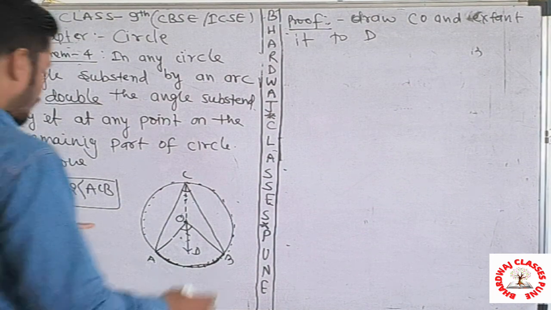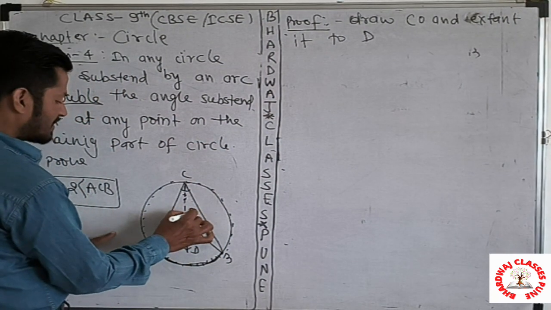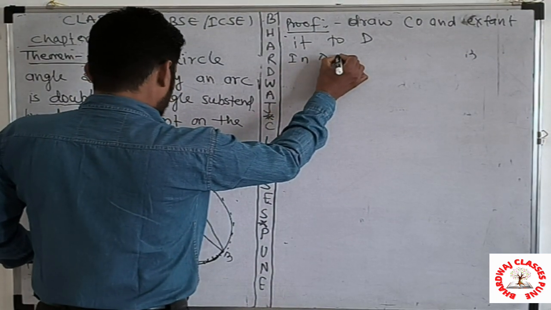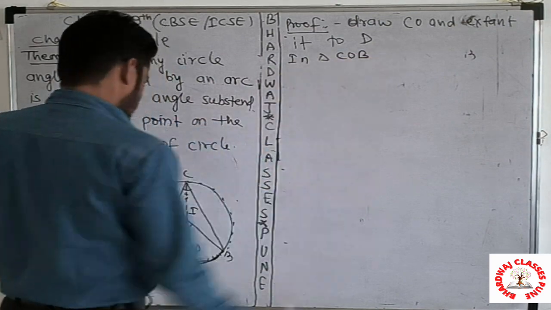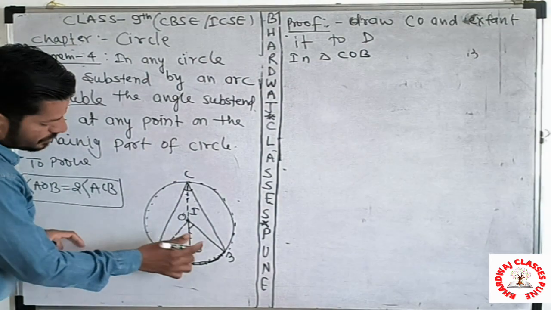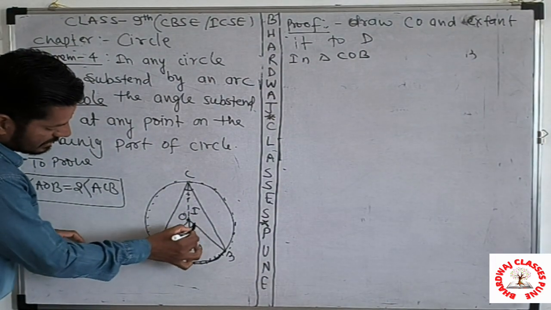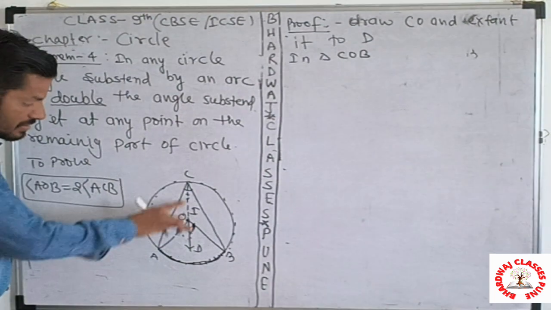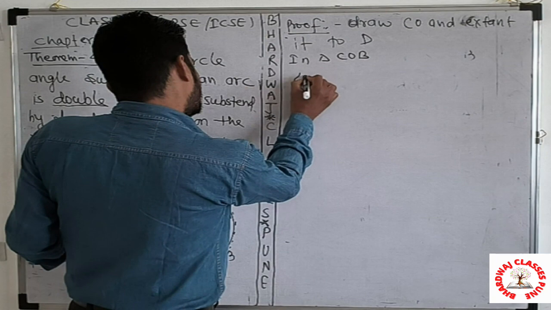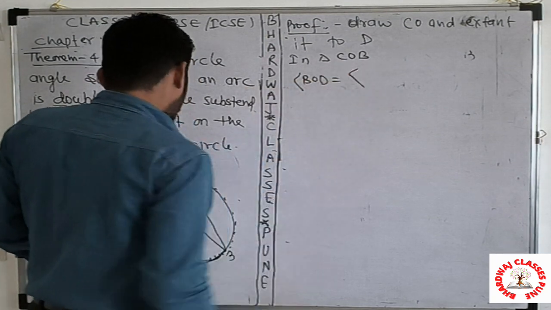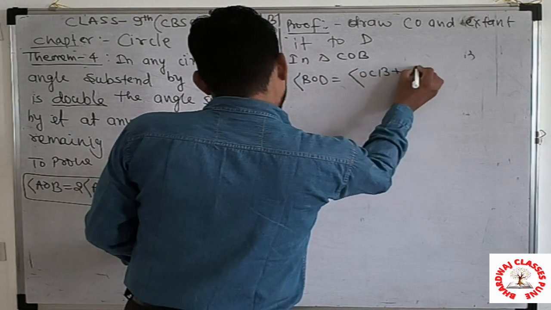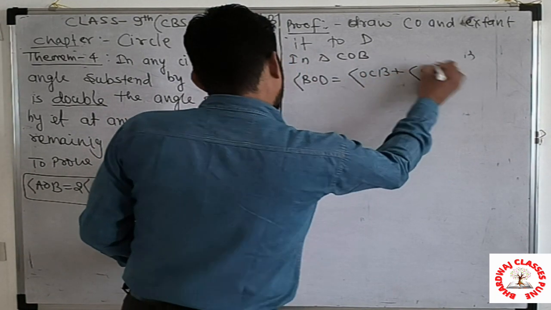Now focus on this triangle first. In triangle COB, you can see this angle is the exterior angle of triangle COB. So can I write angle BOD is equal to angle OCB plus angle CBO?